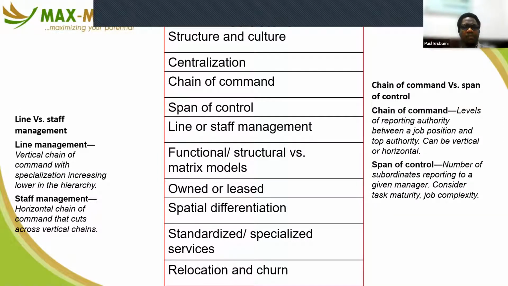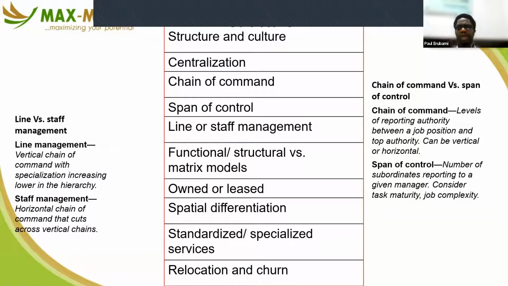And then the line of staff management versus the functional, so structural model, they are aligned. So the line management is looking at top-down specialization that is vertical.